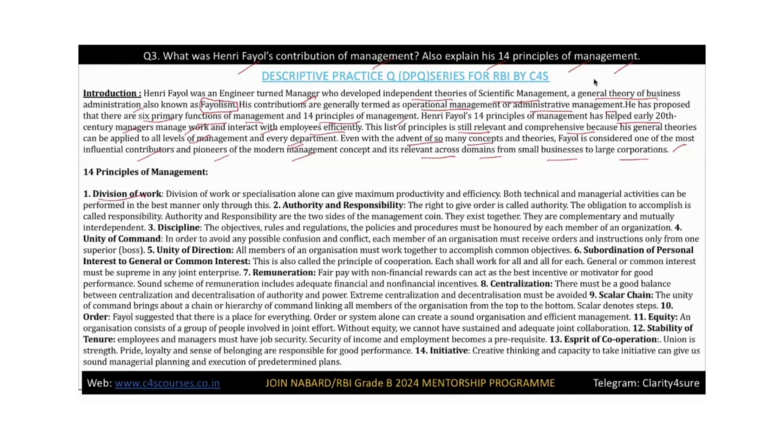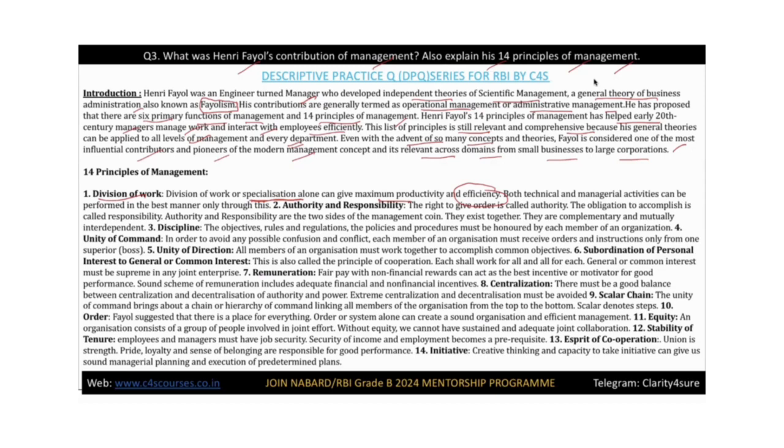As you are aware, division of work, or we can say specialization of the work, actually maximizes productivity and efficiency of the work. As you are aware about food outlets like McDonald's, there you will experience that each work has been divided into small sectors.